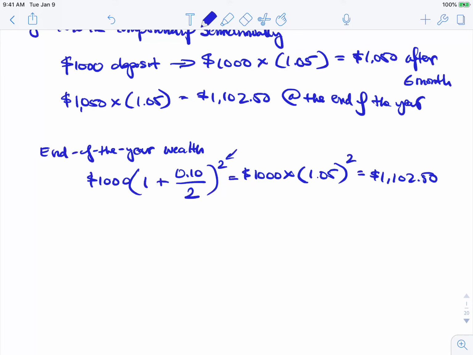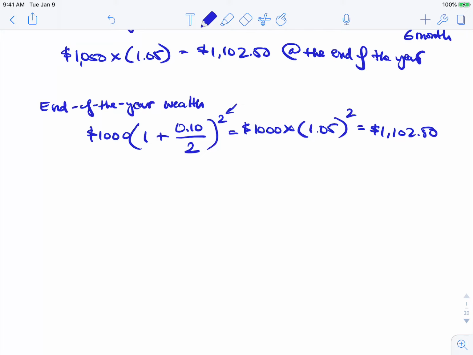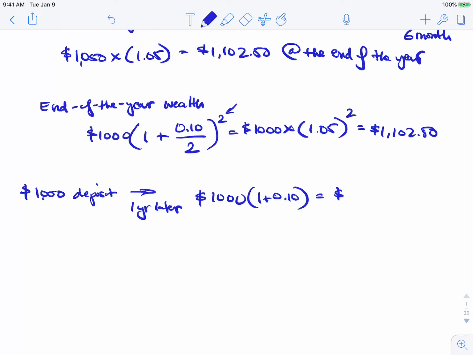Of course, a $1,000 deposit would be worth, a year from now, 1,000 times 1 plus 0.10, which is equal to 1,100.